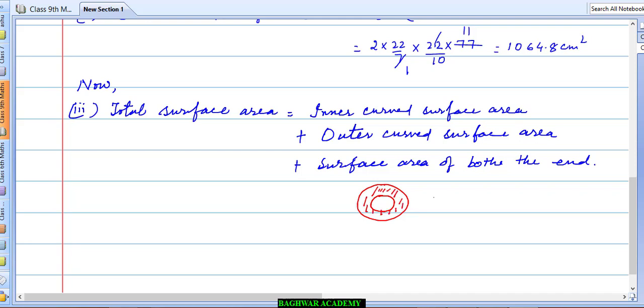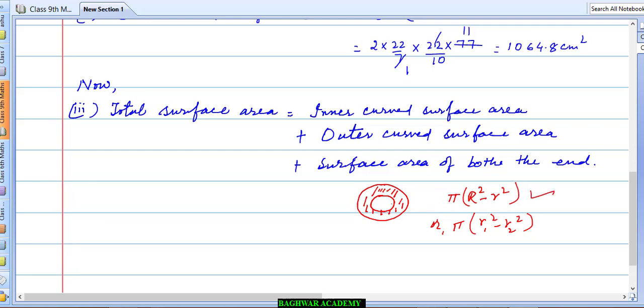As you remember, the formula for this is pi R square minus r square, or you can write pi r1 square minus r2 square. That formula can be applied.